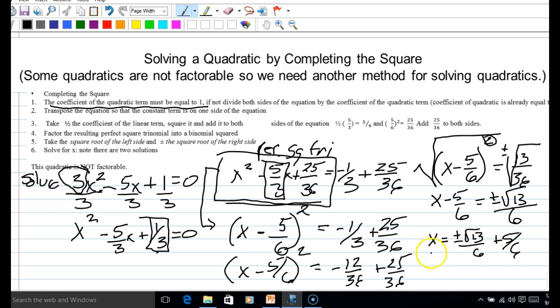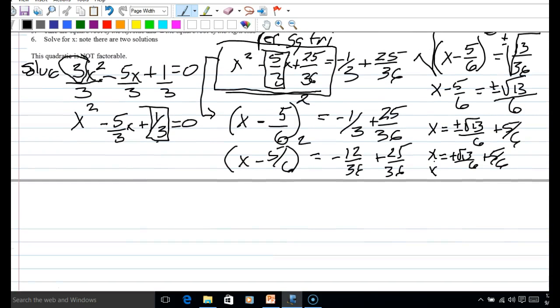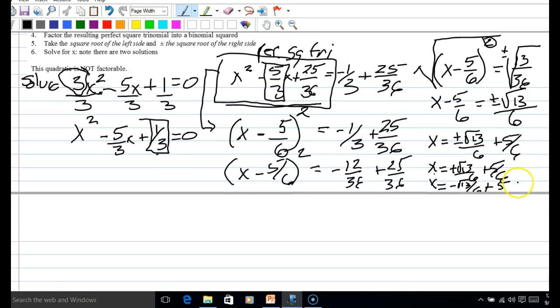So again, you have two solutions. One solution is x is equal to plus the square root of 13/6 plus 5/6. And the other solution is x is equal to minus the square root of 13/6 plus 5/6.